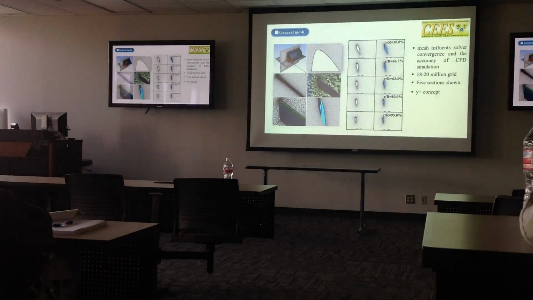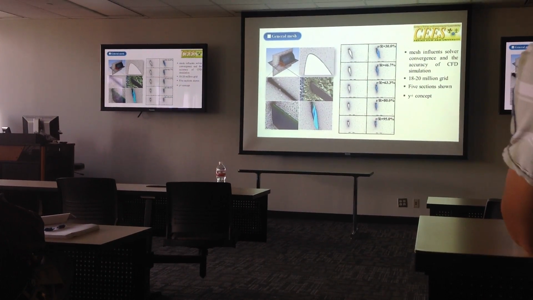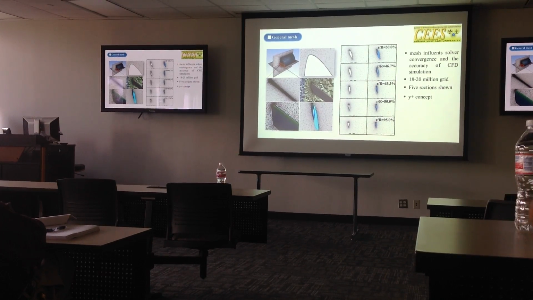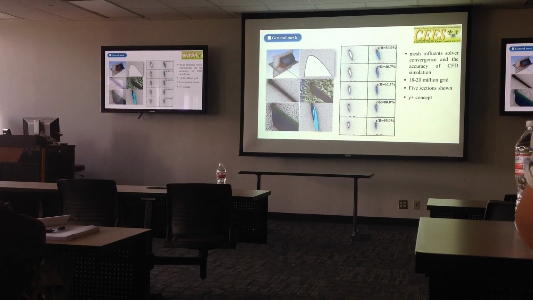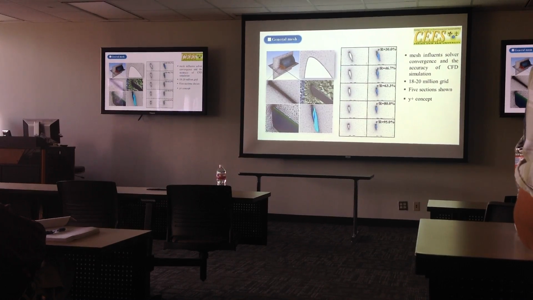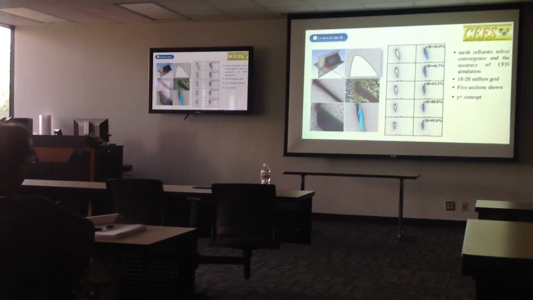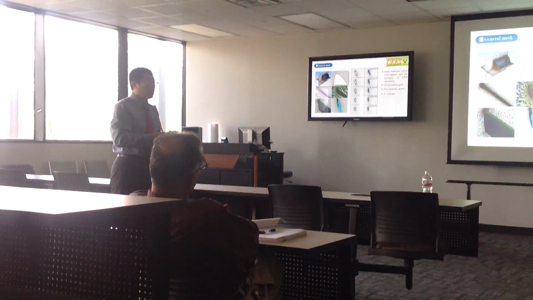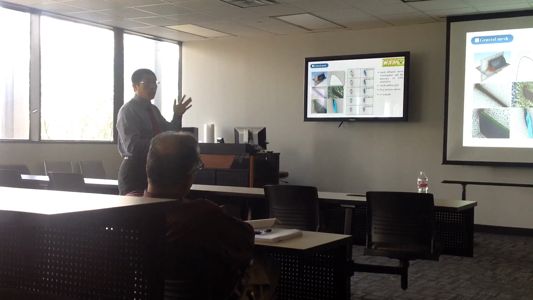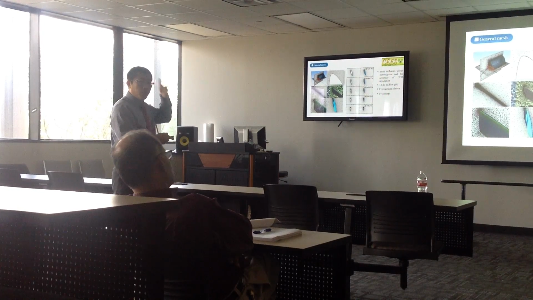This slide shows the general mesh on the entire blade and the mesh on the 5 different sections. As I mentioned previously, the 5 sections are at span ratios of 30, 46, 63, 80, and 95. And Y plus is really highlighted in our meshing concept. So next, I will talk a little bit about the background information on the Y plus concept.